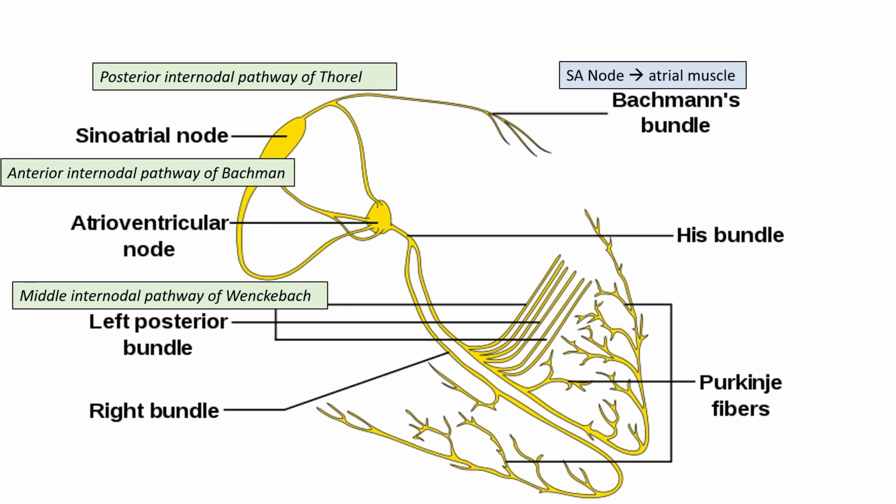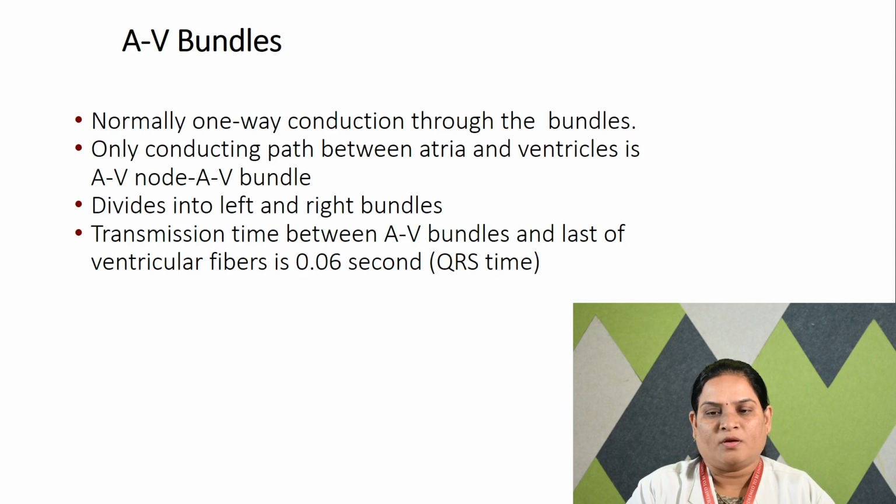From the AV node, the bundle of His arises, and it bifurcates into left and right bundle branches. It runs through the interventricular septal region, and they form the Purkinje fibers. Now the AV bundles: normally, one-way conduction is there through the bundles.